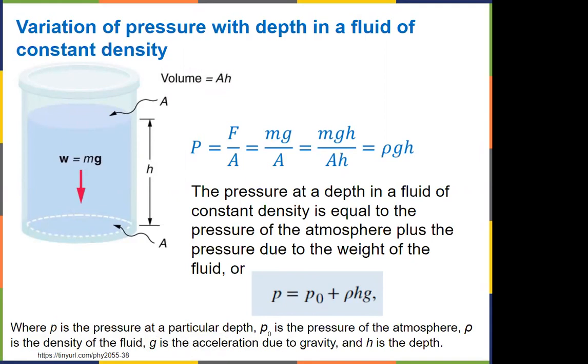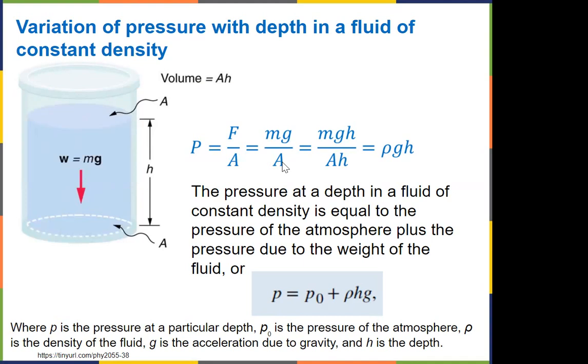If you look at water in this cylinder container, and say this is vacuum on the top, then the pressure at the bottom is the weight of the water above it divided by the area, because all the weight will be exerted on the area at the bottom. So pressure is equal to mg divided by A.